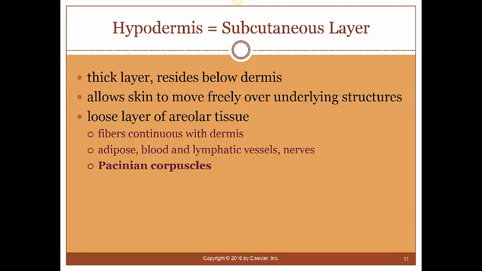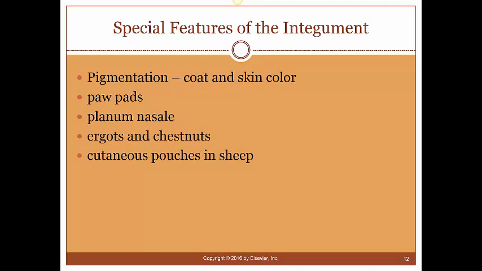It's the area that allows skin to move freely over underlying structures, and it's made up of loose areolar connective tissue, and we also have a lot of elastic connective tissue in there. It's filled with adipose cells, blood vessels, lymphatic vessels and nerves. Right at the junction between the subcutis and the dermis is where we have the Pacinian corpuscles located.